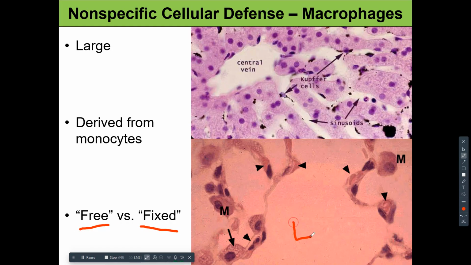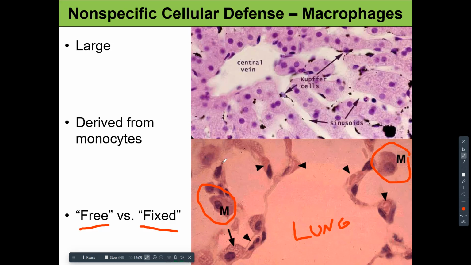The lower picture here is from the lung, and the guys with the M's on them are macrophages in the lungs. Those are going to be free macrophages. The idea being the lung has this tremendous surface area that macrophages need to patrol, looking out for any sort of invader. Now, in contrast, fixed macrophages do not move about.